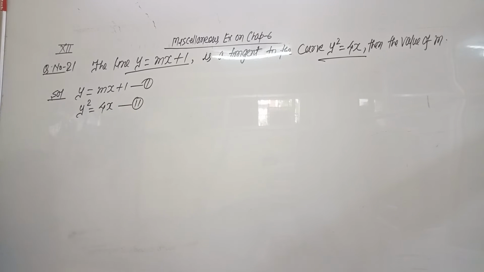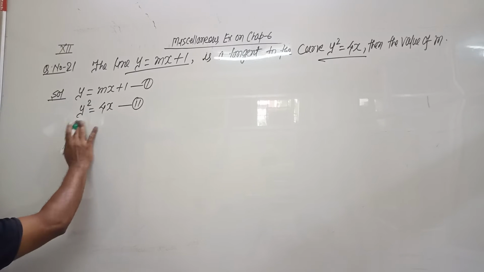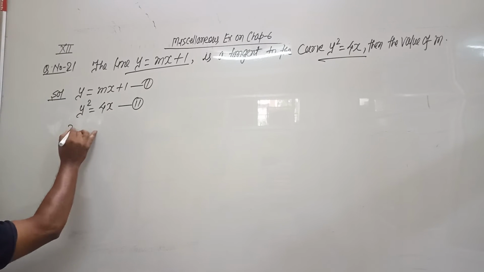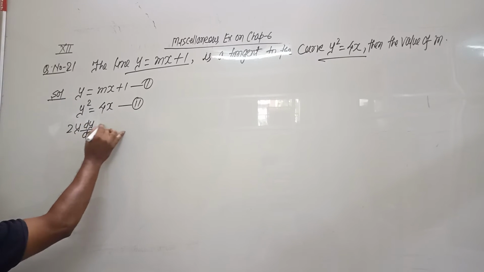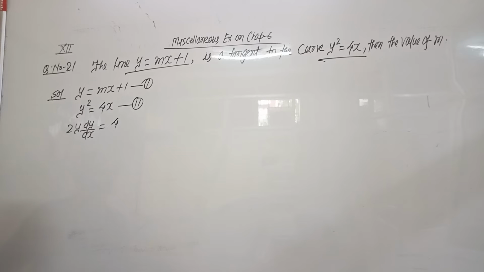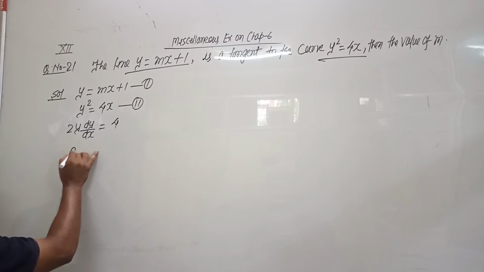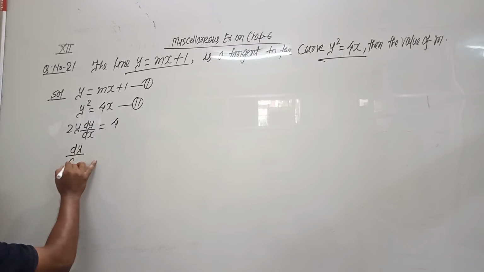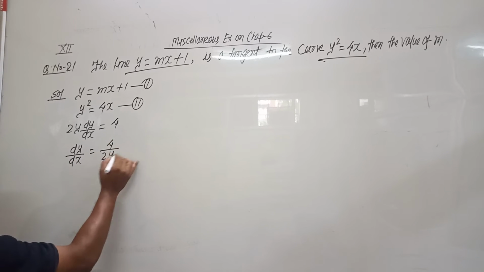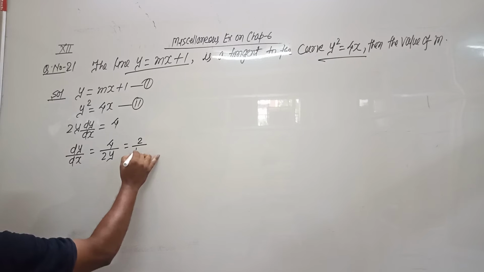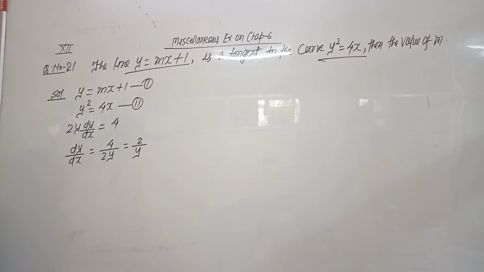We differentiate and find dy by dx. So differentiation of y square is 2y, and dy by dx equals differentiation of 4x, which is 4, and we get dy by dx equals 4 upon 2y, which is 2 by y. This is the value of dy by dx.